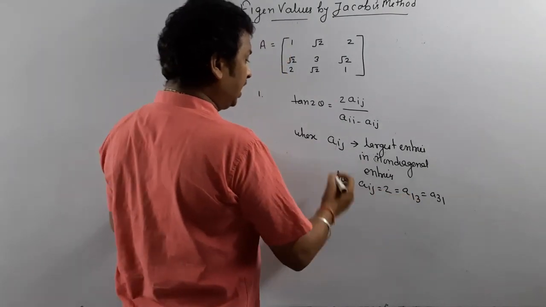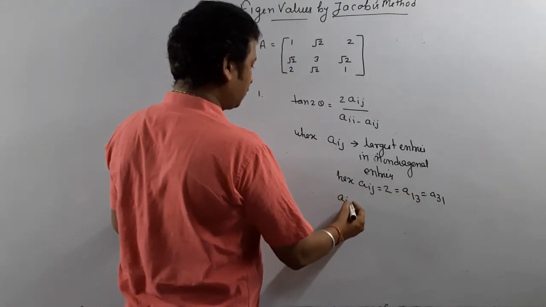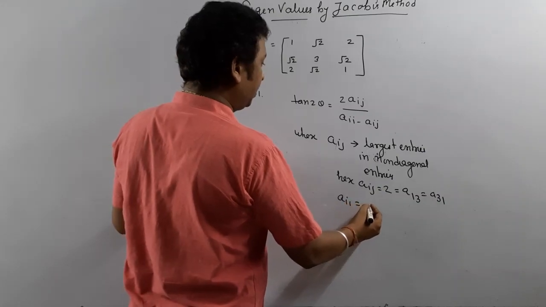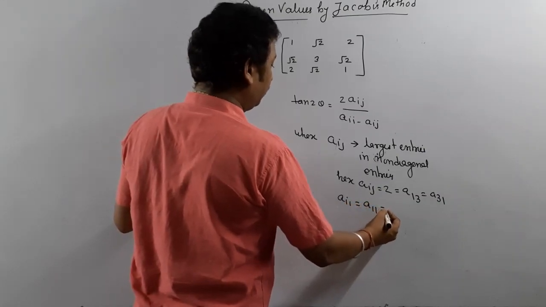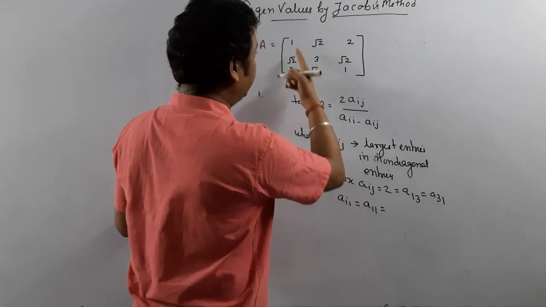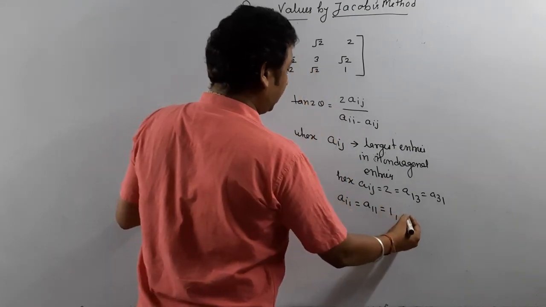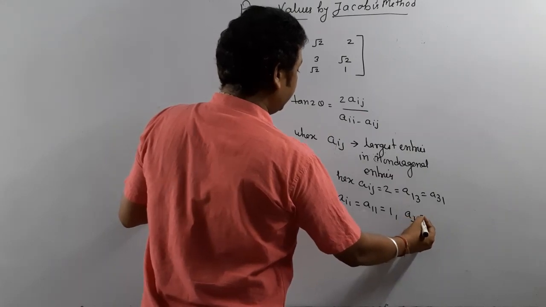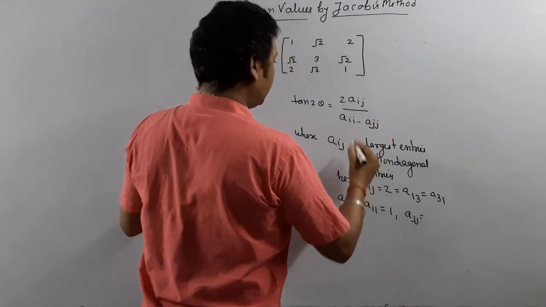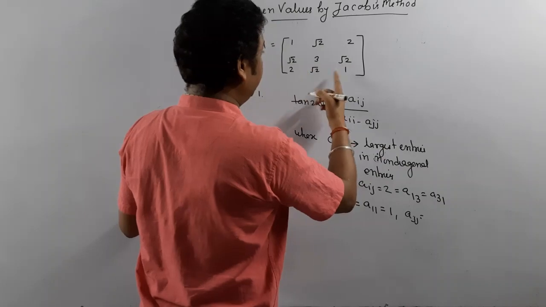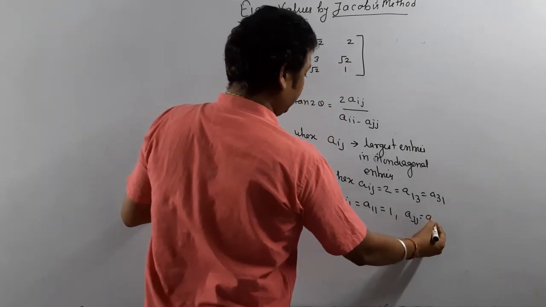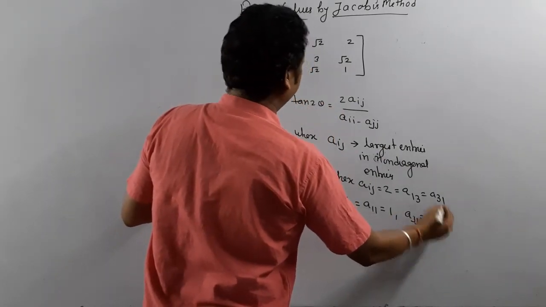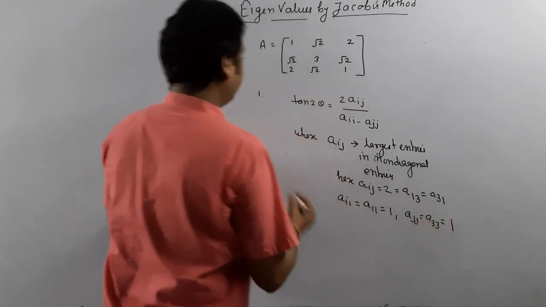So what is aii? aii means A11 because i is 1. So what is A11? 1. And what is ajj? ajj is A33. What is A33? 1. Correct?